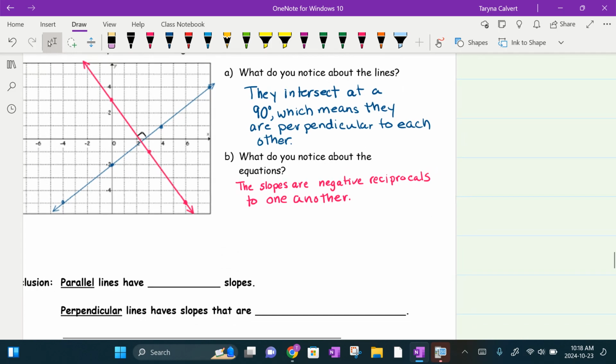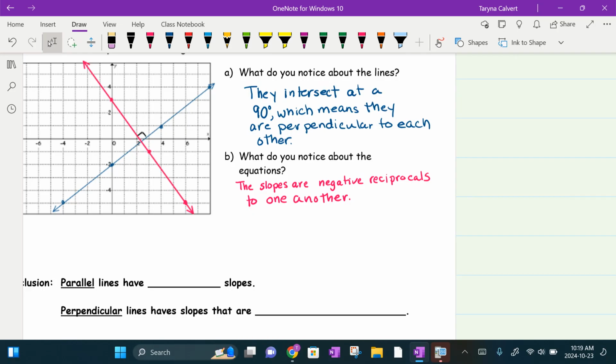Now in this situation, are the y-intercepts different? Yeah, but do they have to be different? No, they wouldn't have to be. The main thing is the slopes are negative reciprocals to each other.